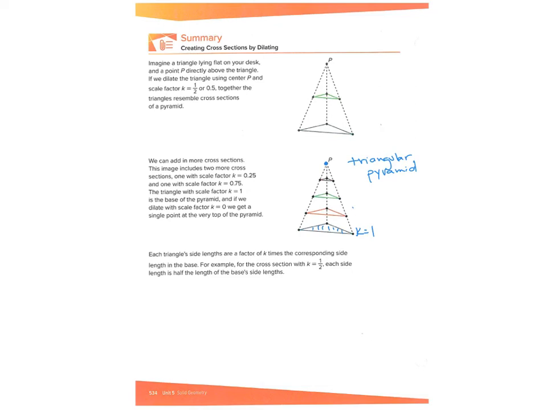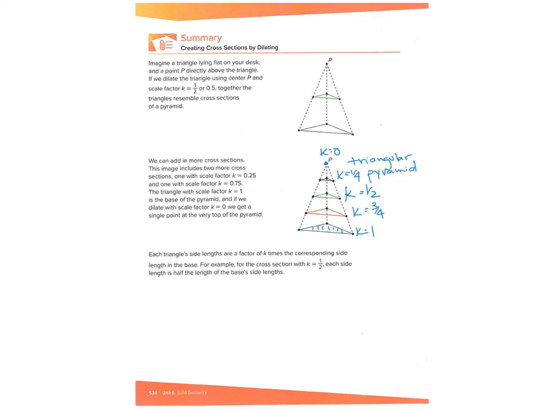And maybe I think this red one is 3/4 as small, or 0.75. And maybe I think the green one is 1/2 the size of the original. And maybe I think this little one is reduced by a scale factor of 1/4. And then I get to the top, I get to a point, I don't have a triangle anymore. I just have a little bitty point.